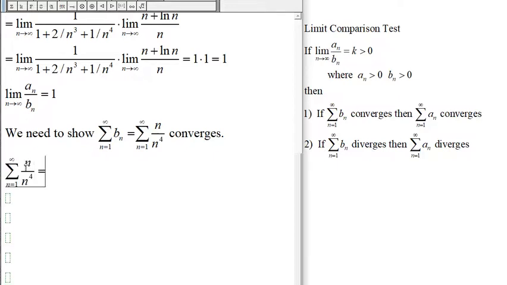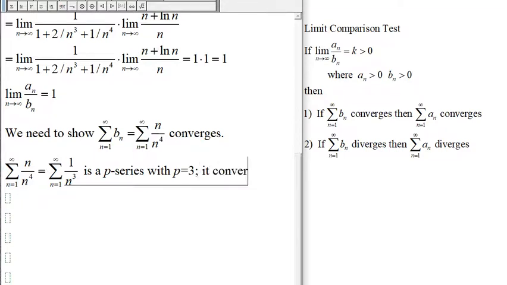And so notice that this is the same as 1 over n to the third, which is a p series with p equal to 3. So it converges.